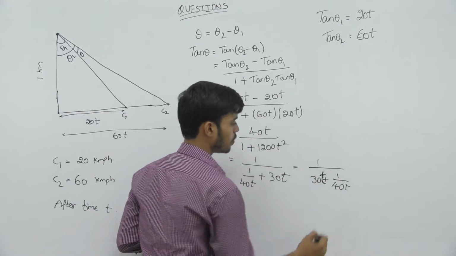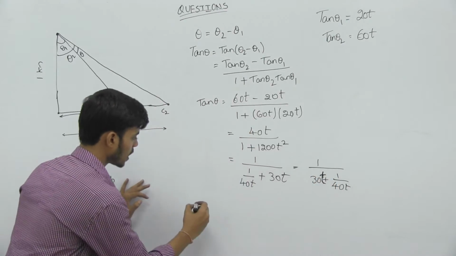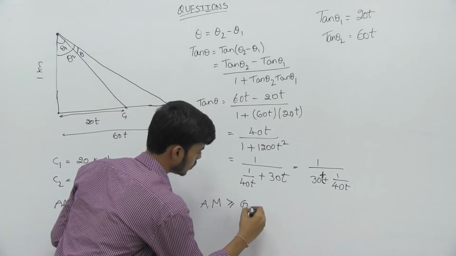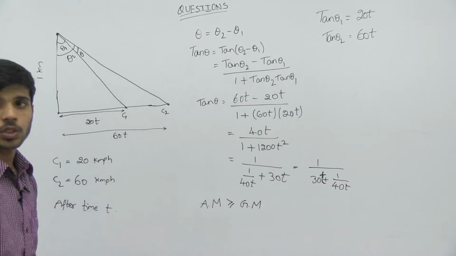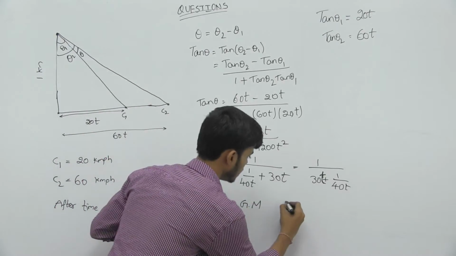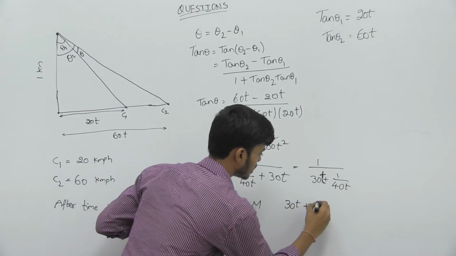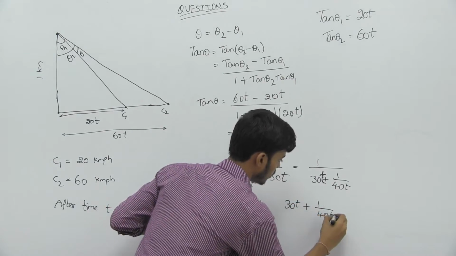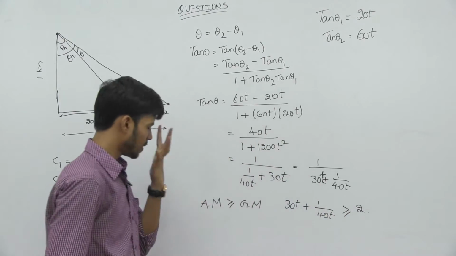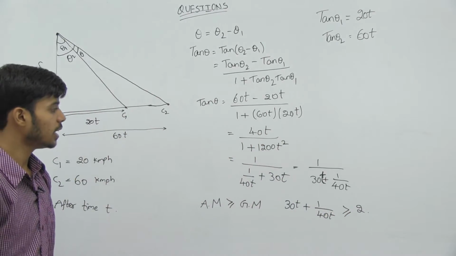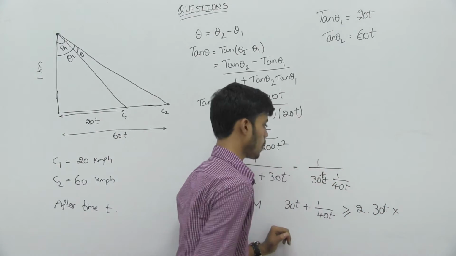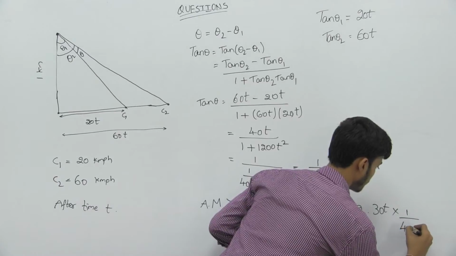Now we know arithmetic mean is always greater than or equal to geometric mean. So let's apply this to the denominator, that is 30t plus 1 by 40t, divided by 2, is greater than or equal to the geometric mean, which would be the square root of 30t into 1 by 40t.